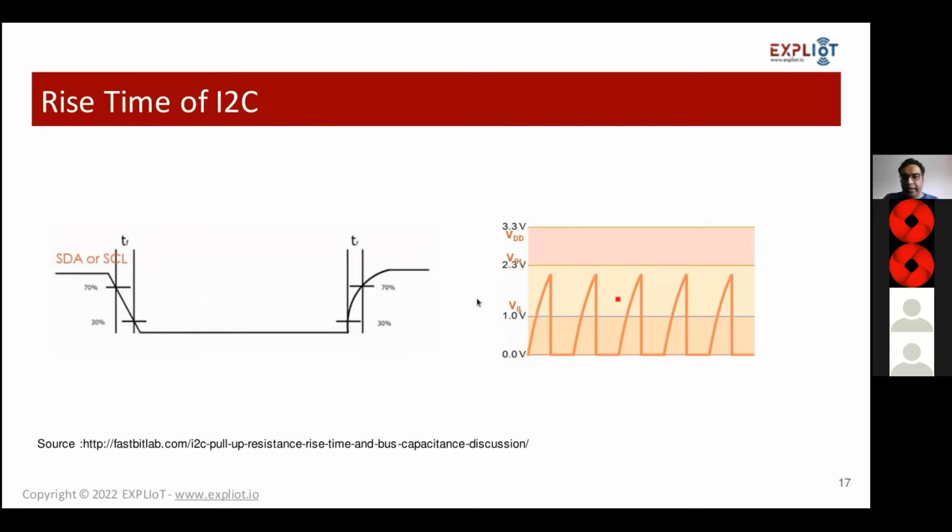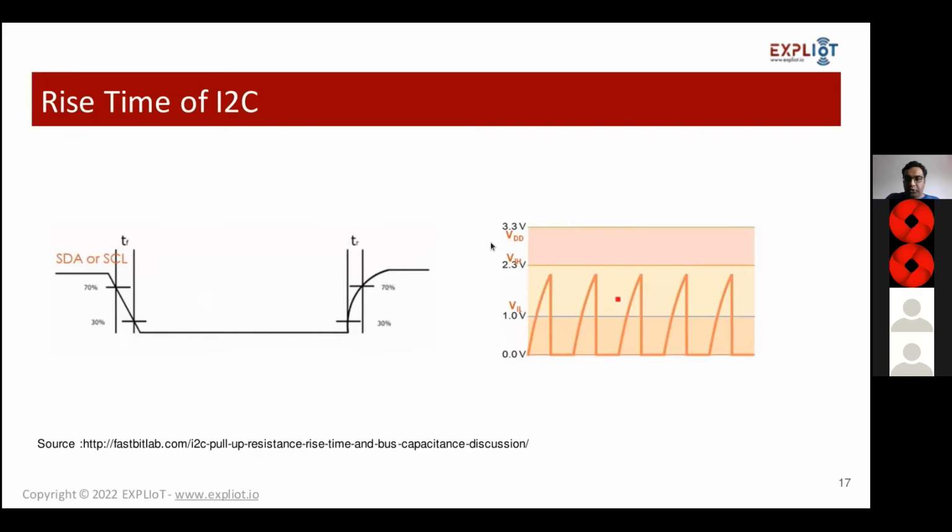Meaning, if I have a maximum voltage of 3.3 volts, I want at least 70% to make sure my rise time is within limits. The 30% to 70% slot is given for TR, the rise time. If it does not fall within that, the I2C communication is not going to happen.